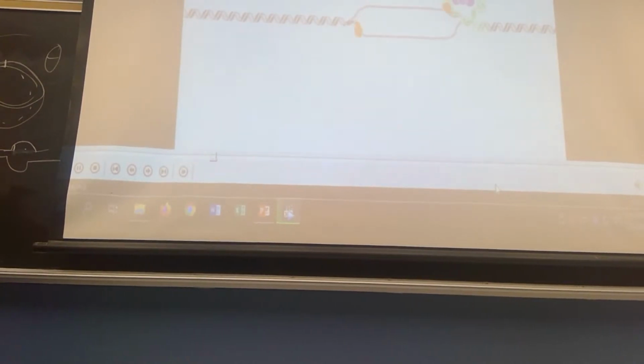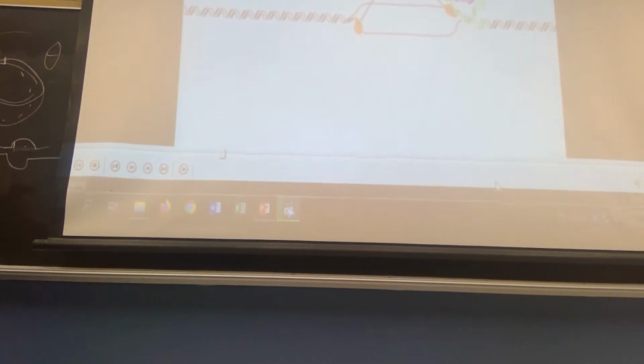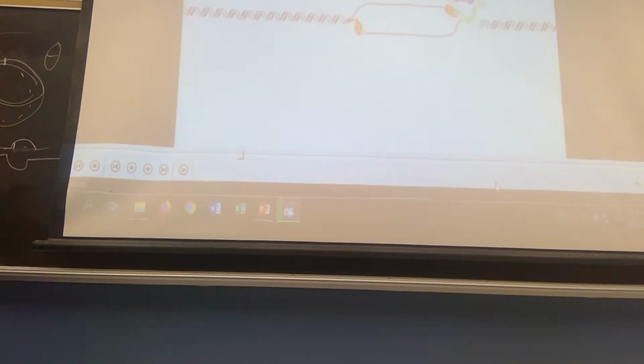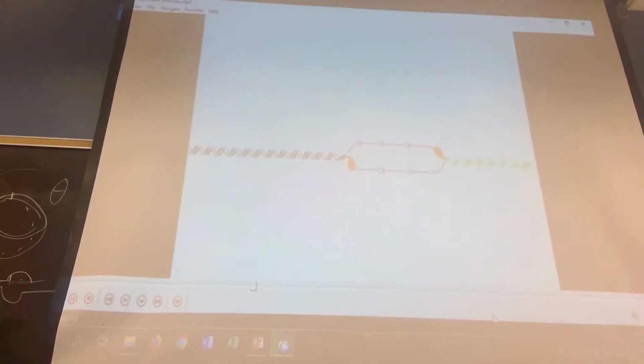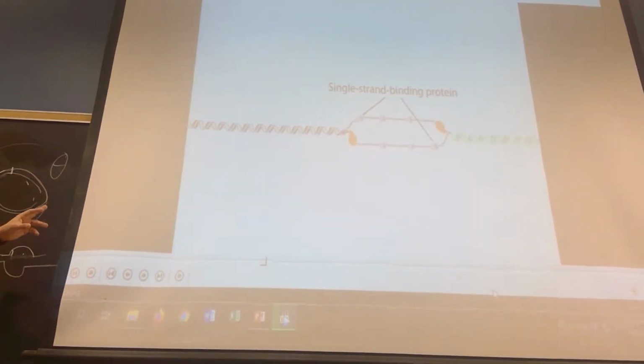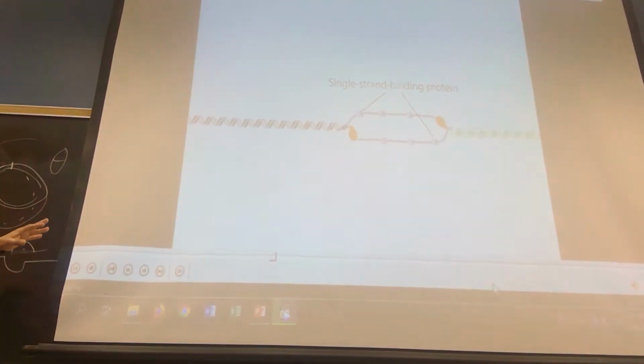The most crucial are DNA helicase, which breaks the hydrogen bonds that hold the two DNA strands together, single-strand binding proteins, which help maintain the DNA in the single-stranded state, and DNA gyrase, which reduces torsional strain.